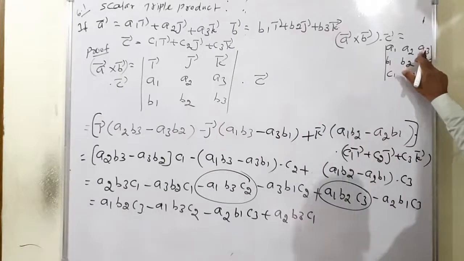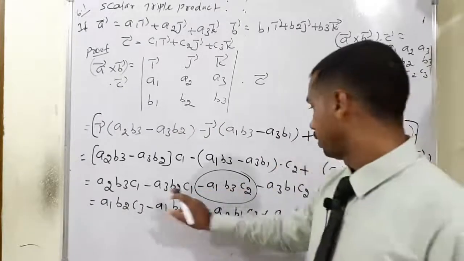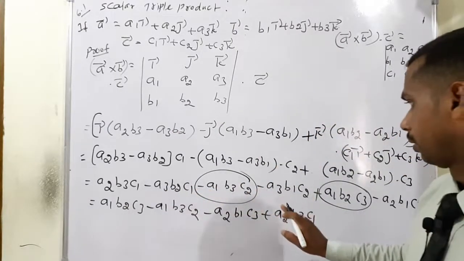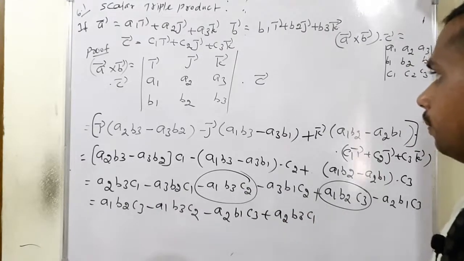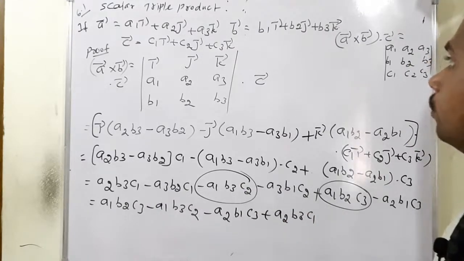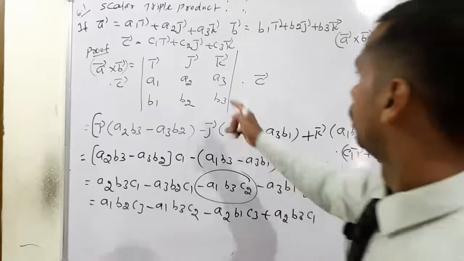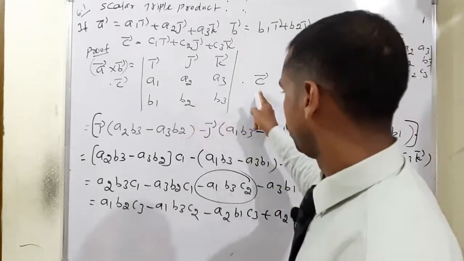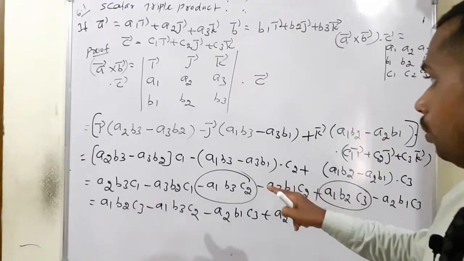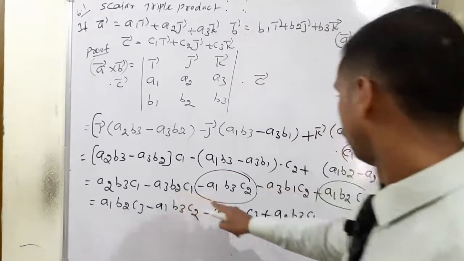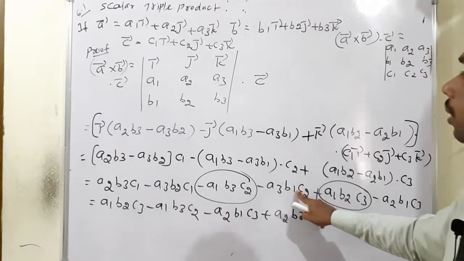Next one A3 is there. Starting with A3 means first positive A3. So positive A3 means A3 B2 C3, A3 B2 C1, but here look at there.